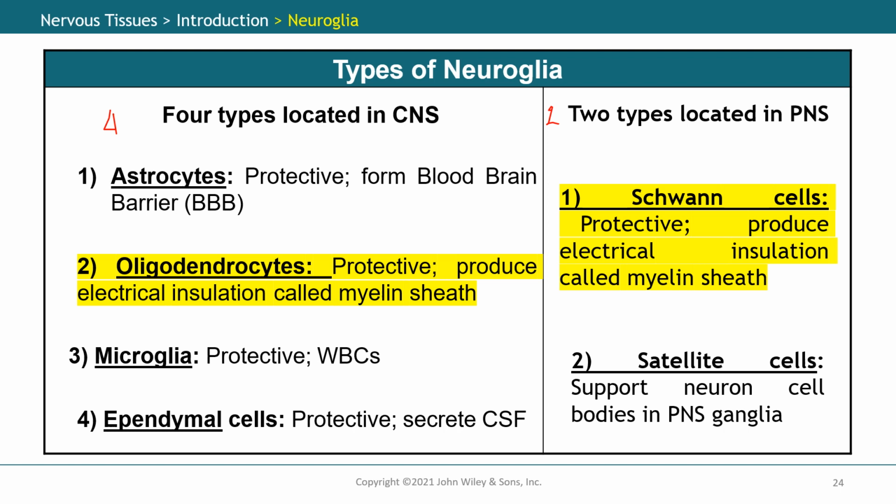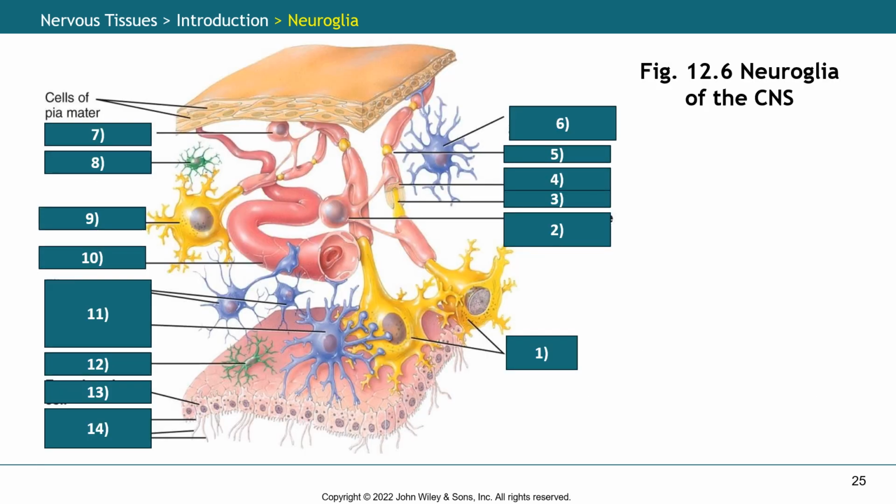While the other ones, for example the one you find here in yellow, were in charge of insulating the axon, this one is in the cell body in the peripheral nervous system, in the ganglia. Okay, hopefully this table can help you to study.